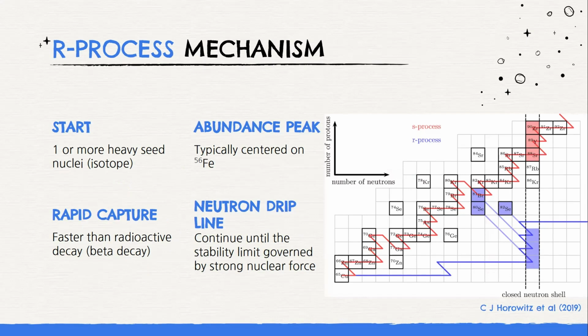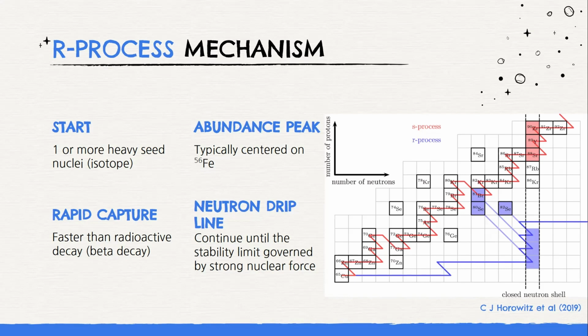Here I'm going to talk a bit about the R process mechanism. At the start, there should be one or more heavy seed nuclei, perhaps an iron isotope, and then the reaction occurs until the abundance peak, which is typically centered on iron-56. Then there is a lot of rapid neutron capture, which is faster than radioactive decay such as beta decay.